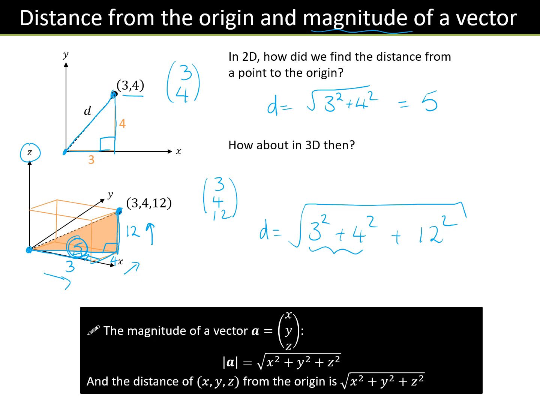So in 3 dimensions, it's just an extension of Pythagoras' theorem. You're just going to be doing x squared plus y squared plus z squared, and how we write the magnitude of a is we use those modulus lines, and that's going to say that's the size, which is the length of the line.